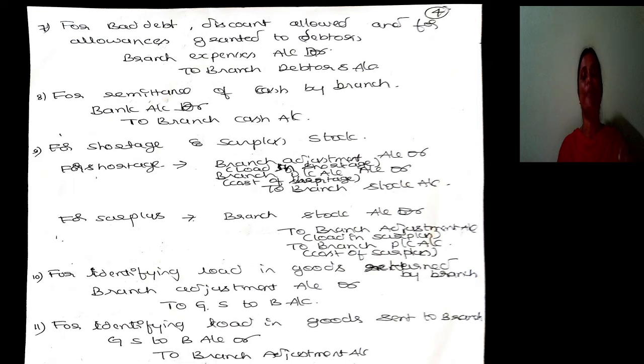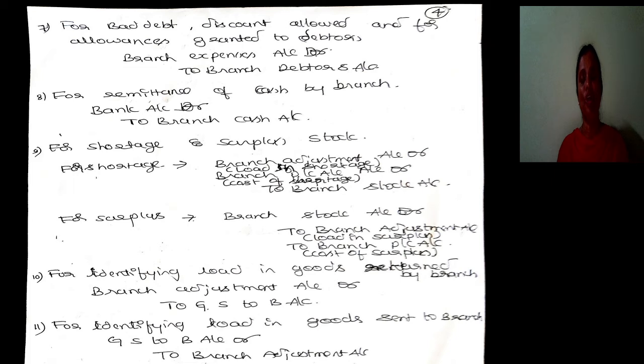So journal entry: Branch Adjustment account debit, Branch Profit and Loss account debit, to Branch Stock account. In case there is a surplus, Branch Stock account debit to Branch Adjustment and to Branch Profit and Loss. Means the cost portion should be transferred to profit and loss, and the loading portion should be transferred to adjustment.